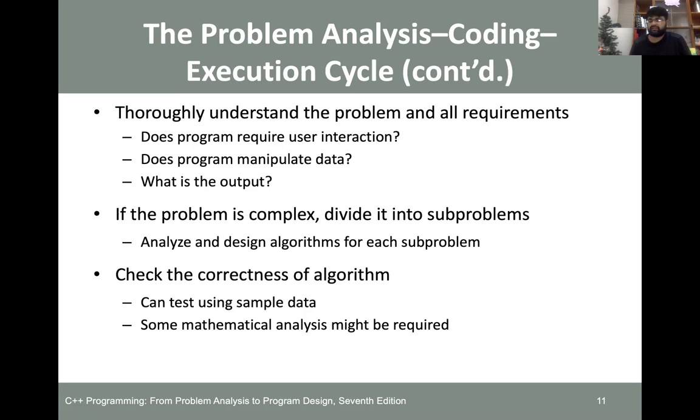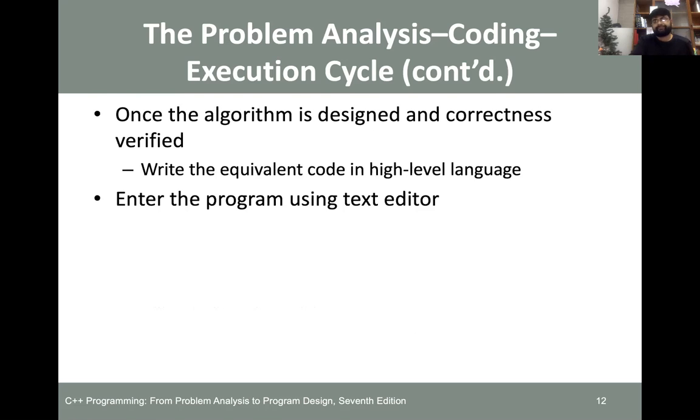You can test it using some sample data, or you can use some mathematical analysis as well, where you analyze if there is some mathematical condition that is being violated at any place. You might be studying something in discrete mathematics, the discrete structures course, that might be helpful here. So this is some place where mathematical analysis might be required.